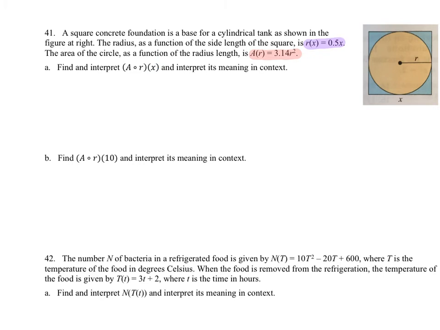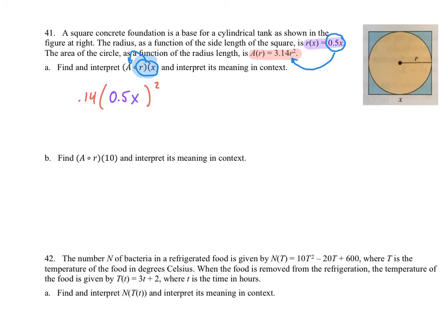So remember what that means is that we want to plug r into A. So we're going to take this r function, and it's going to replace the variable in A. So I would say that's 3.14 times something that's being squared, right? And that something is 0.5x.